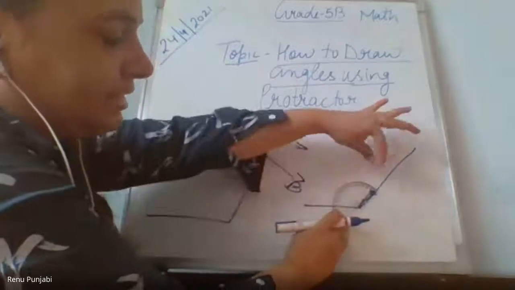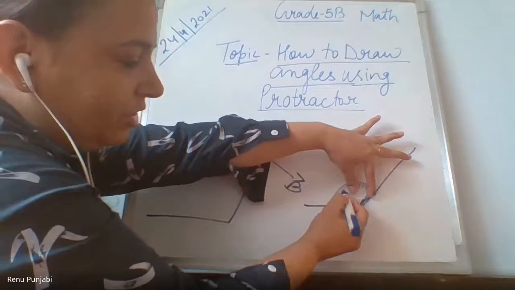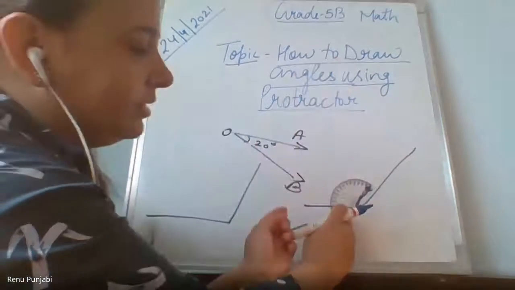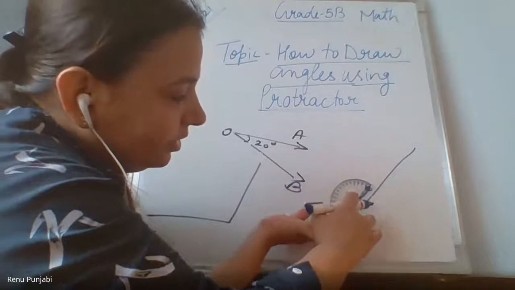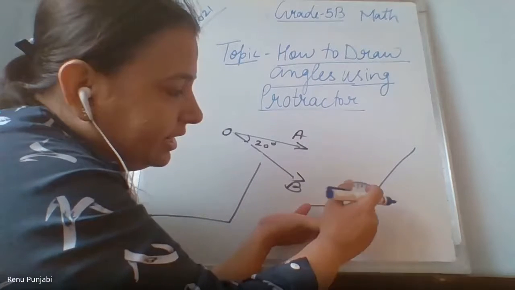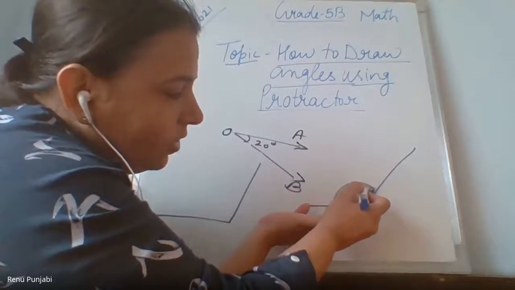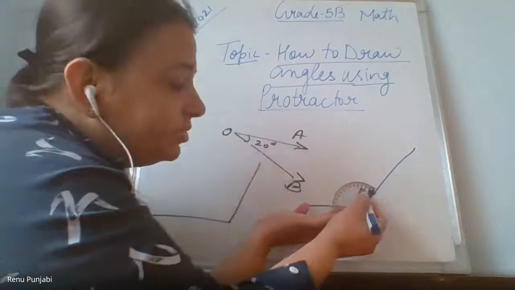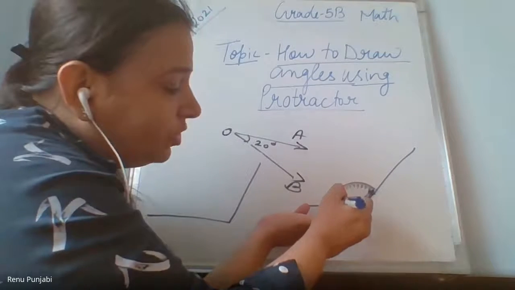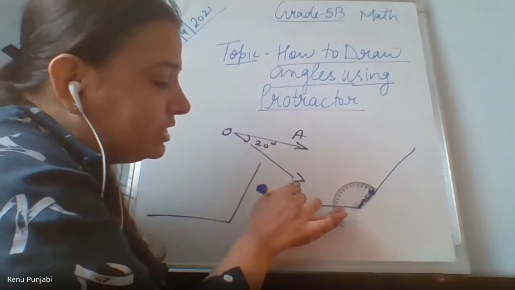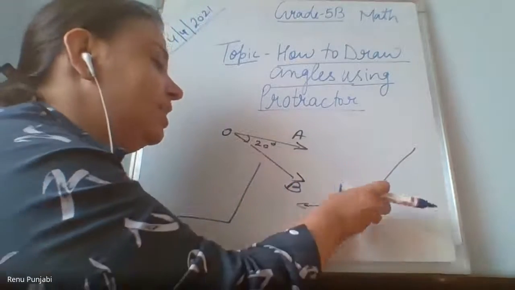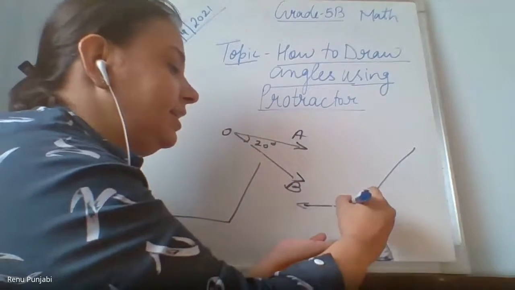So if zero is at the inner scale, I want to see only the inner scale, not the outer scale. Now I want to see where my next ray is going. The next ray is going at around 130 degrees. So this angle is 130 degrees.